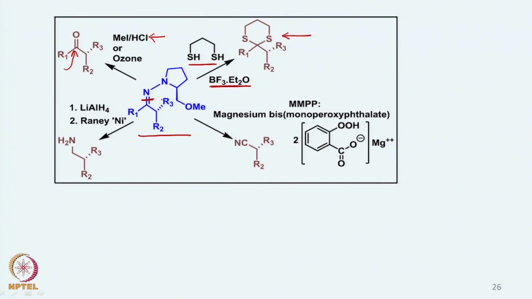So without hydrolyzing this hydrazone to the ketone and then reacting with the dithiol in the presence of a Lewis acid, we can directly react the hydrazone itself, because then the carbon nitrogen bond acts like a leaving group.